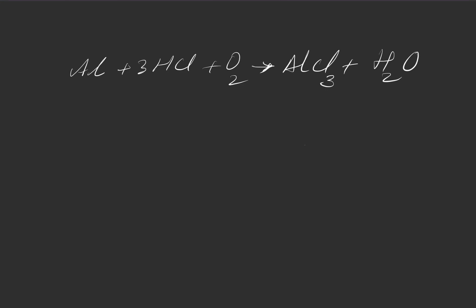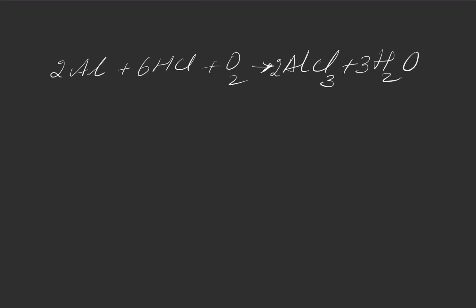So we have balanced that too. 2Al plus 6HCl plus O2 gives 2AlCl3 plus 3H2O. So all these are balanced except oxygen. Now let's go to the oxygen.